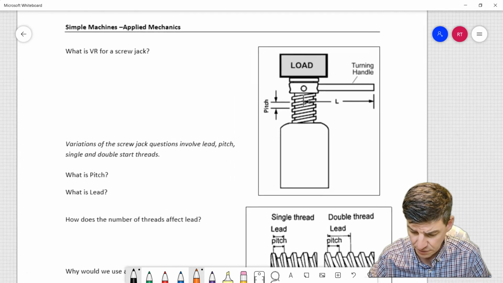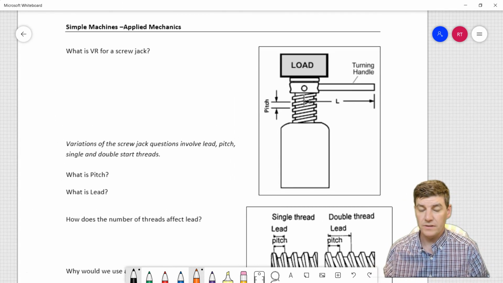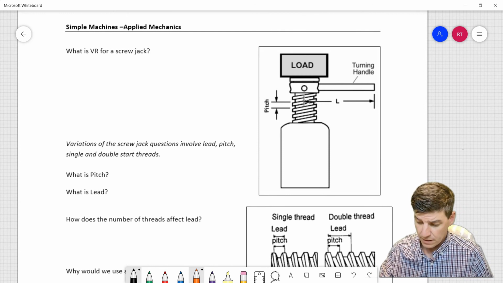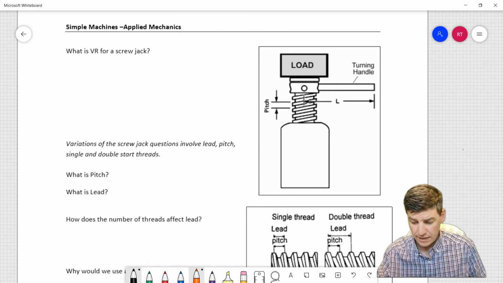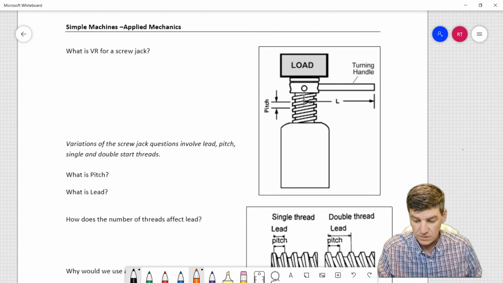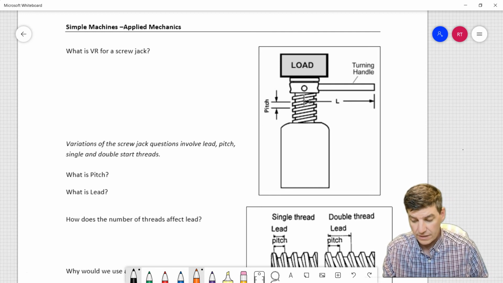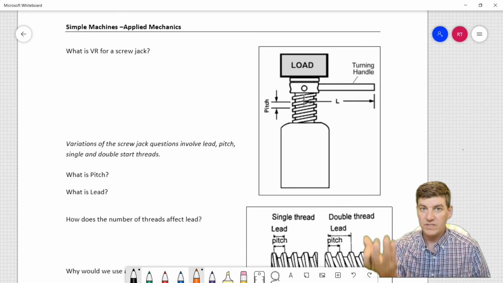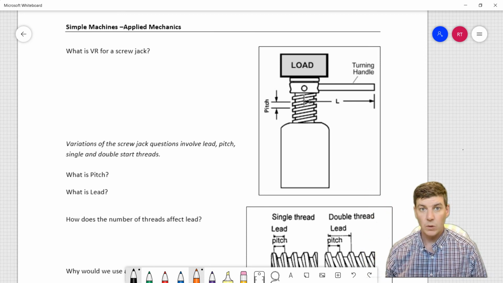Okay, we have a third and final machine for which to calculate VR, and that's a screw jack. A screw jack is used to lift a load using a threaded rod. So we turn a nut, and as the nut moves up, it will be able to lift a load.